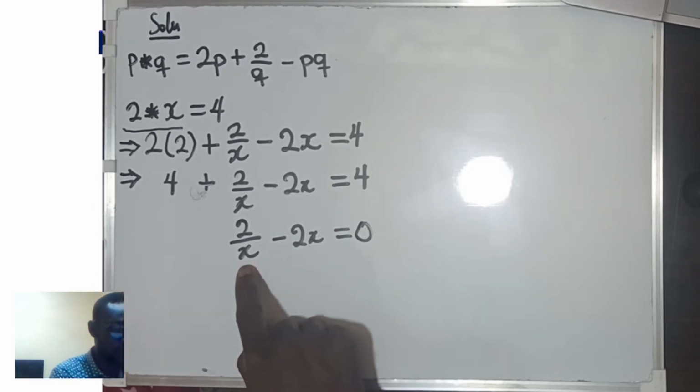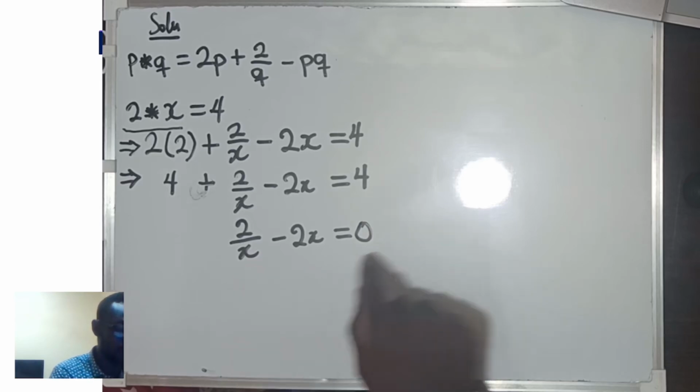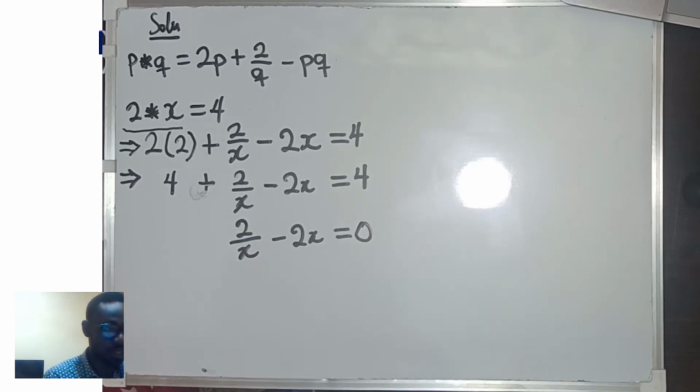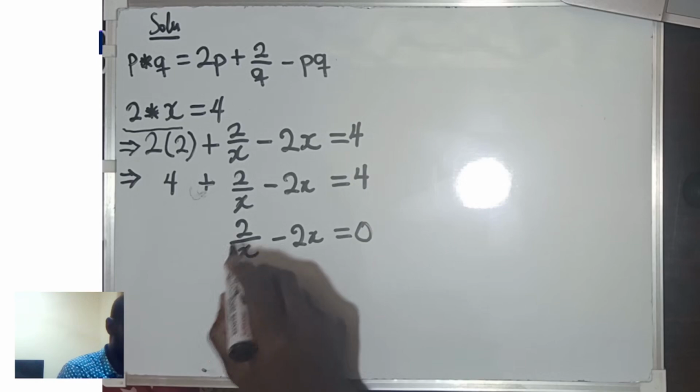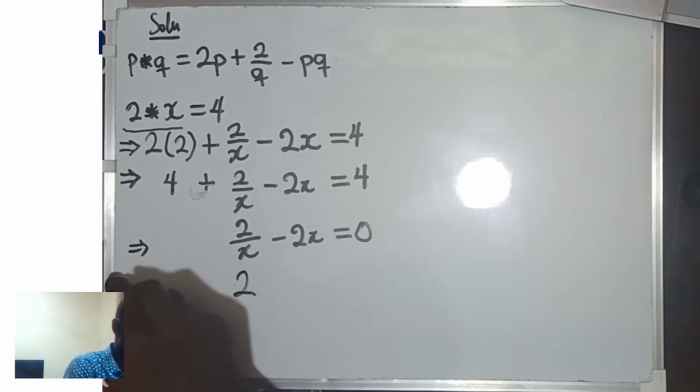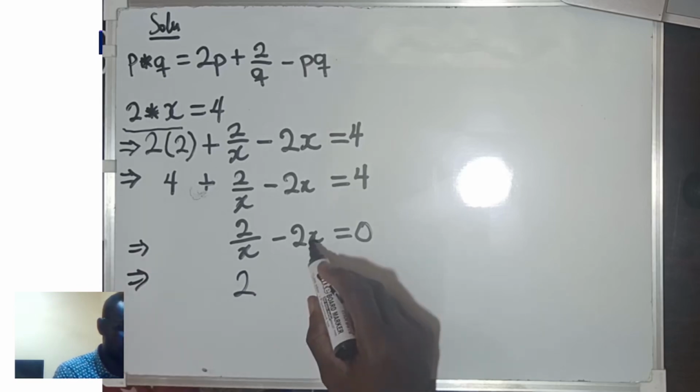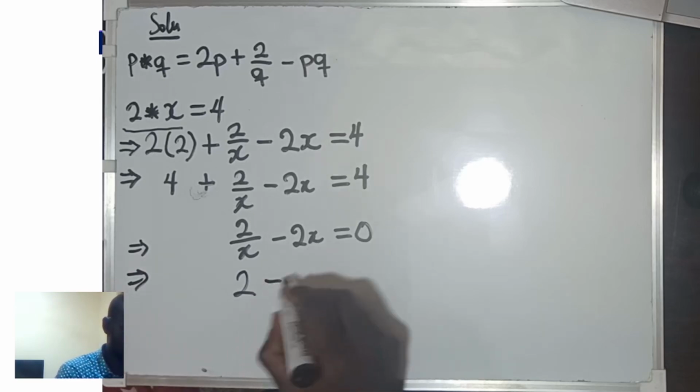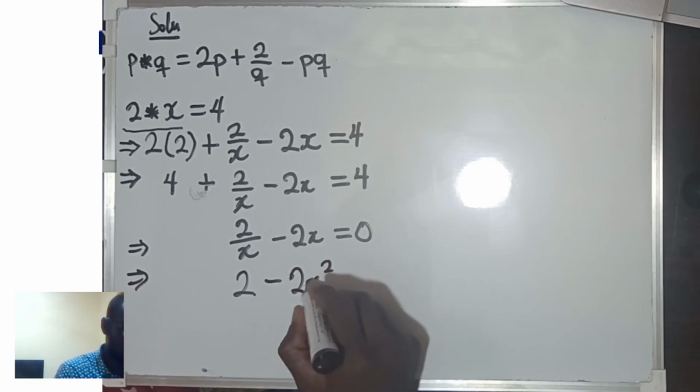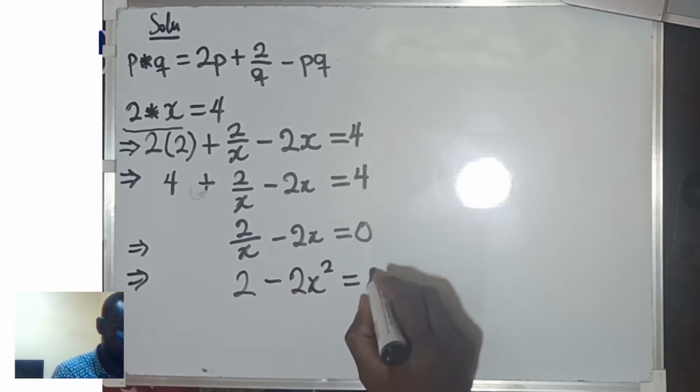Then, since this is a denominator, we can multiply each of the terms by the denominator, so that we have x multiplied by this is giving us 2. Then x coming to multiply 2x, we're going to get 2x squared is equal to 0.